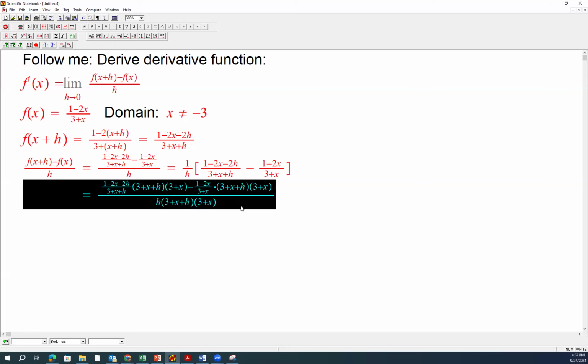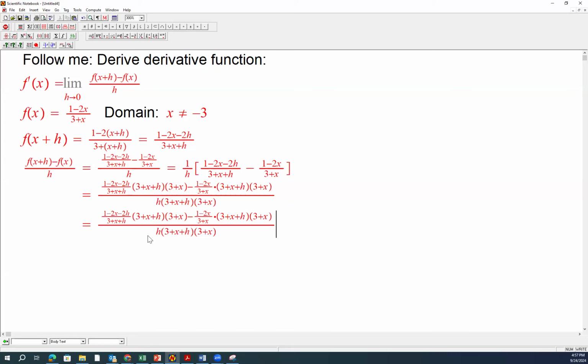Let me show one more step to show you that. This piece will reduce with that piece, and over 1 here, and we can lower it down. But you must insert parentheses.